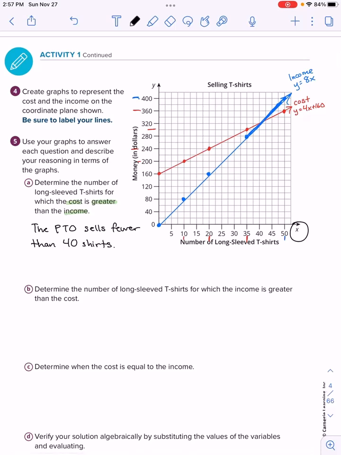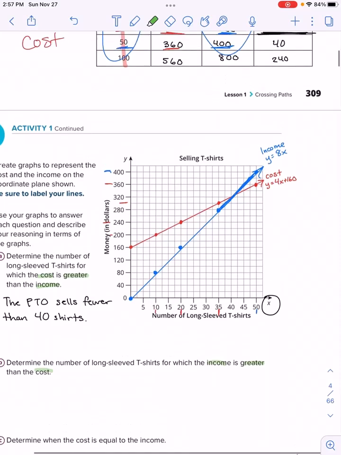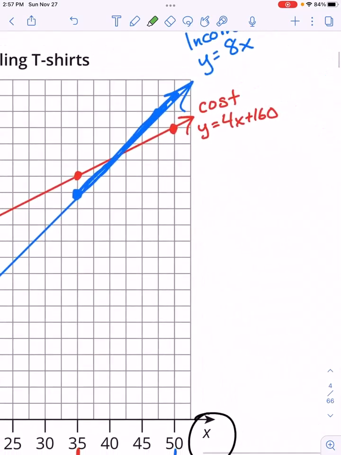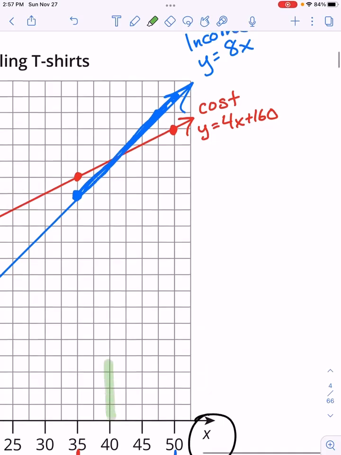Determine the number of long sleeve t-shirts for which the income is greater than the cost. So income is blue. Which section of this graph is blue above? Again, this was 40, so everything to the right of this. If the PTO sells more than 40 shirts, that blue path is higher than the red path, higher than the cost.